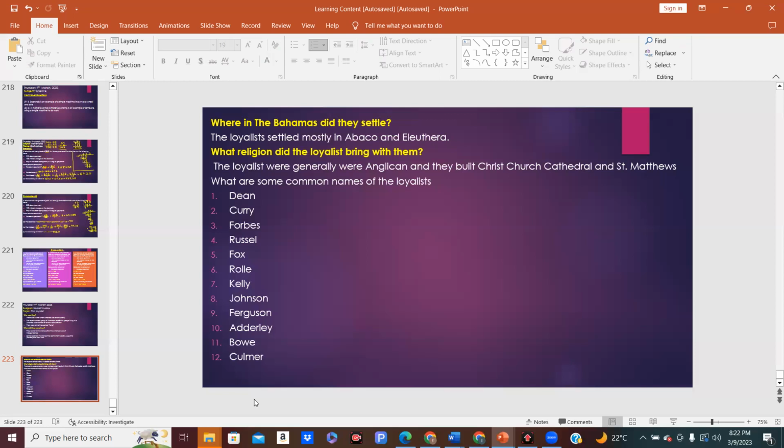And Fox, I knew Miss Fox too. And Uriah McPhee. So these are loyalist names, by the way. That's how we get them, because we're descendants of the loyalists. Question: is Grant on the list now? Like I said, the list might be longer, but I only have these on the list, so I can't say at the moment. Maybe look in the Making of the Bahamas book, it might have it.